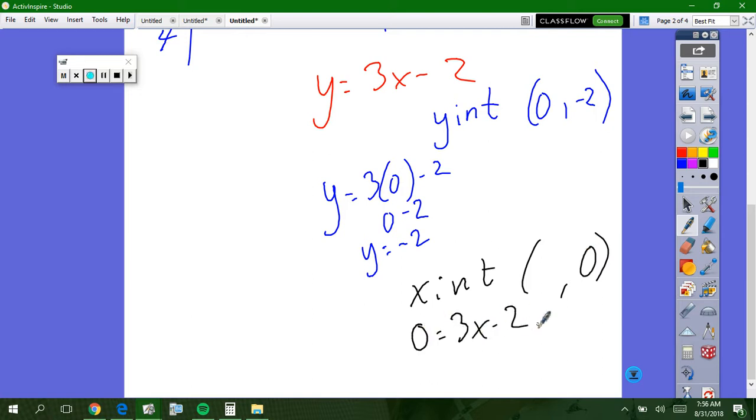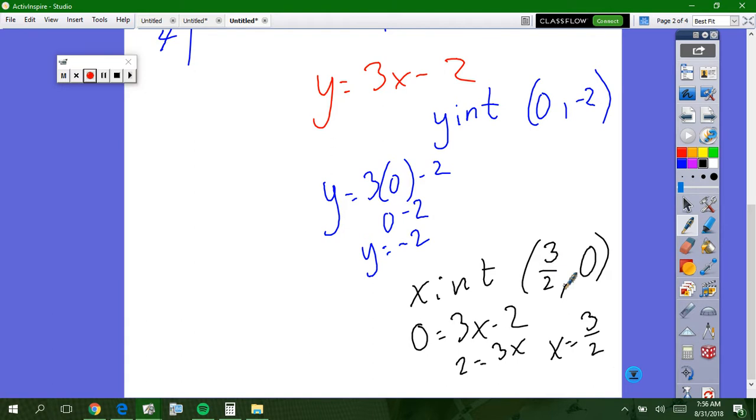That's just the basic equation we just solved last time, right? We did on our previous unit. We add the 2 over. Divide by 3. That would be my x-intercept.